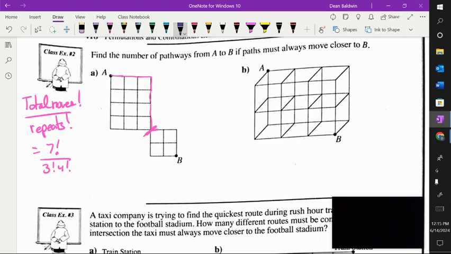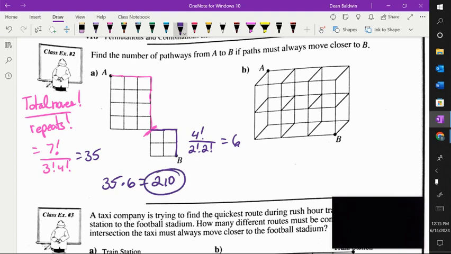If we treat this as 1 move, 2 moves, 3, 4 moves, so 4 total, divided by your repeats, 2 factorial, which is just 2. So this one gives you 35. This one gives you 6. So how many ways can you go from A to B? 35 times 6, which is 210.